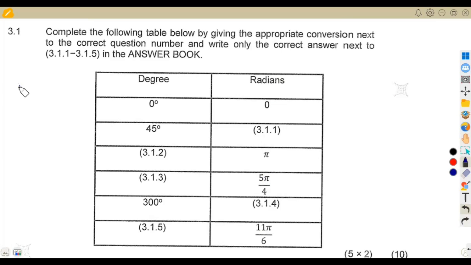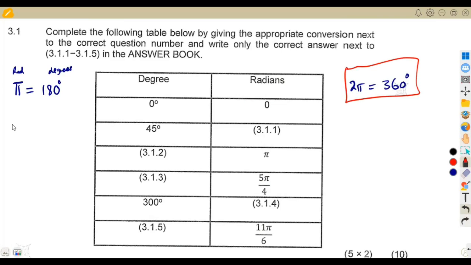They use the conversion that pi radians is equal to 180 degrees, which can be taken from 2 pi equal to 360 degrees if you want. So you can use this conversion or you can use that conversion. As for me, I'm just going to use this one: pi is equal to 180. So you just check what you are converting to. Here, we are converting from degrees to radians.